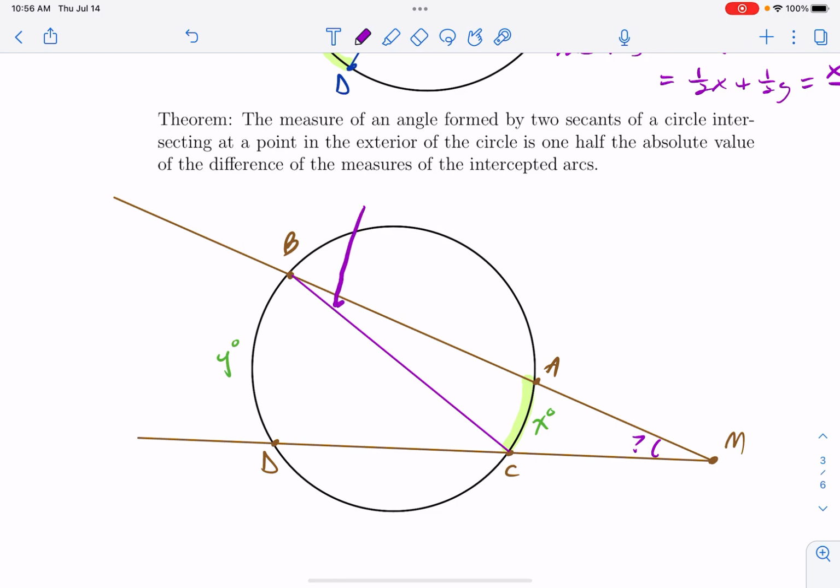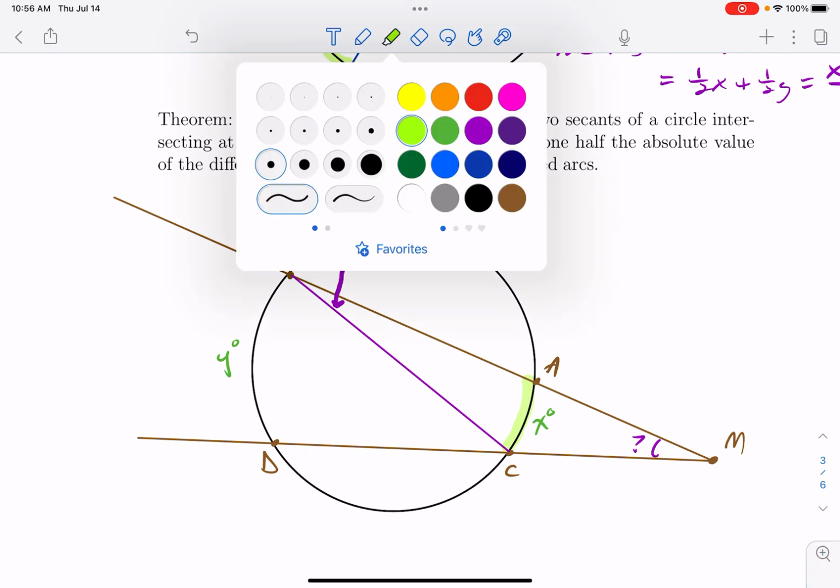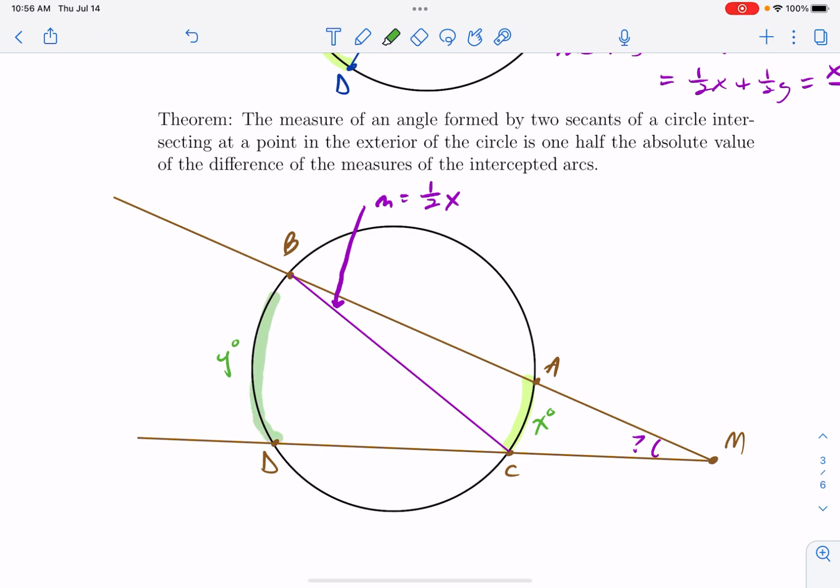So this angle right here has a measure equal to 1/2 x. This is the intercepted arc for this angle. So it has a measure of 1/2 y, which means that this one here has a measure of 180 minus 1/2 y.